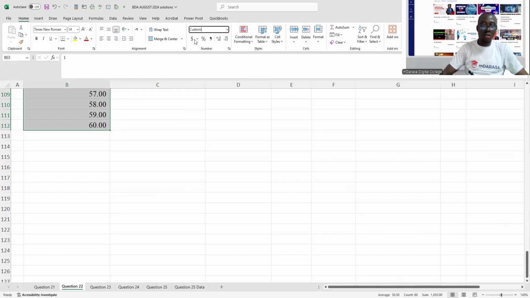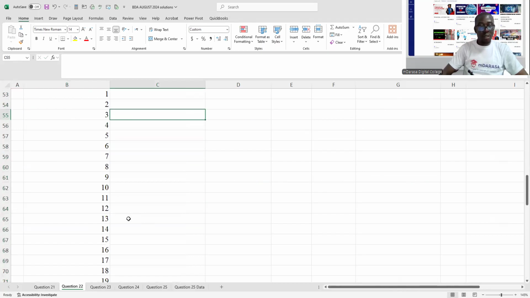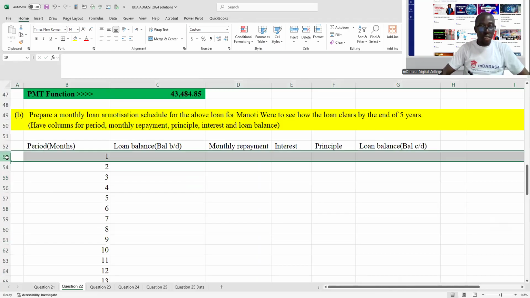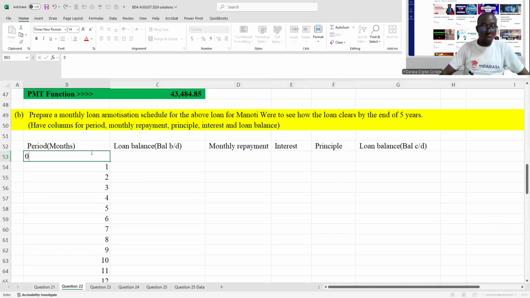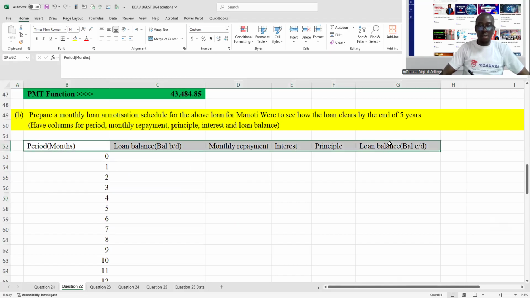Then you can input year 0. You can do year 1 as well, but for this purpose, just have year 0 so that you start from when you didn't have anything. So these are the details given.